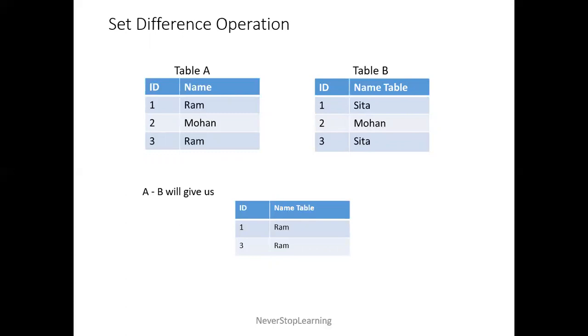So we are only taking from one direction. We are not bothered about both the tables. If I am doing A minus B, I will only check what rows are present in table A. If I do B minus A, then I will check which rows are present in table B and not present in table A. Fine.